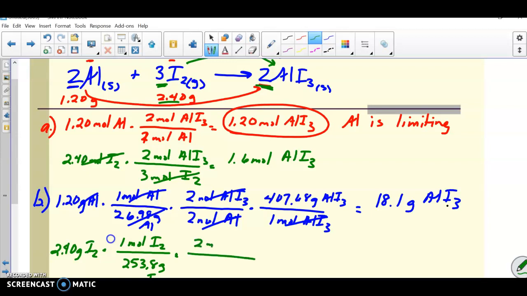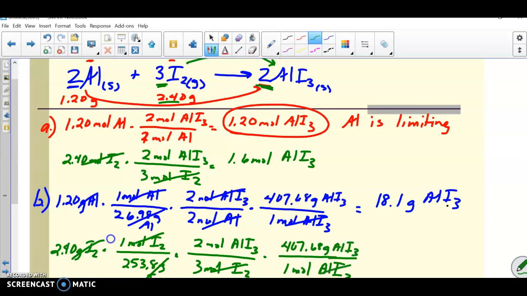So 2 moles of AlI3 to 3 moles of I2. Go to my canceling. And then I need 1 mole of AlI3. It's going to be that 407.68 grams. And my answer comes out to be 2.57 grams of AlI3.